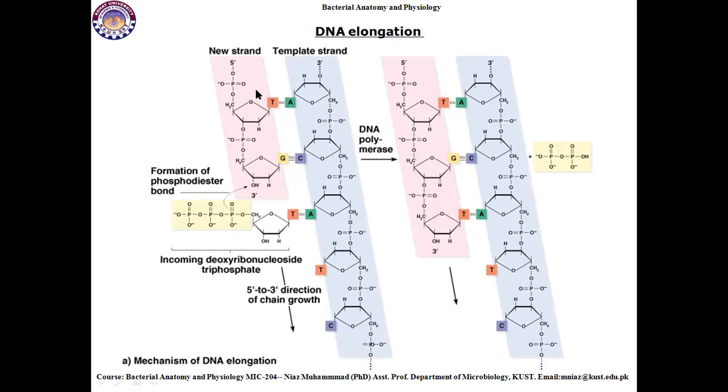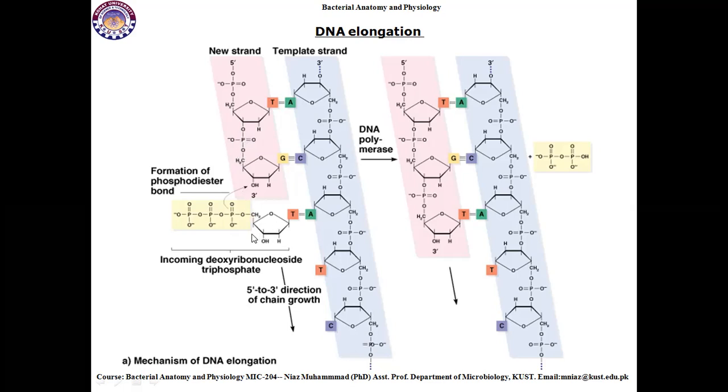This is thymine, pentose sugar, and the 3' is empty. Here guanine will bind. The 5' of guanine will bind with this 3', which was free, and that bond is called a phosphodiester bond.